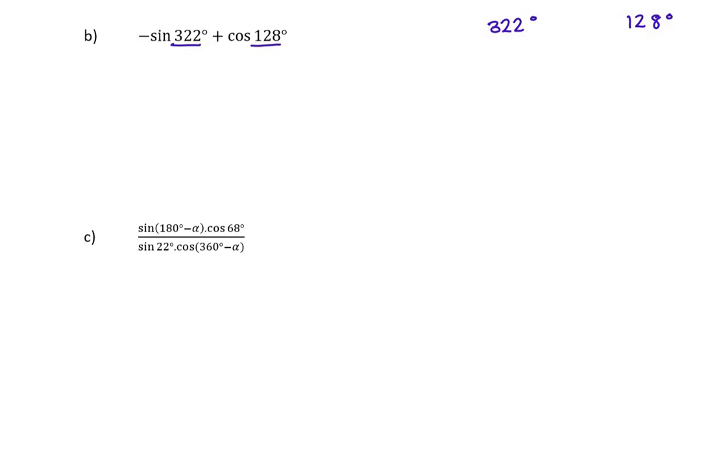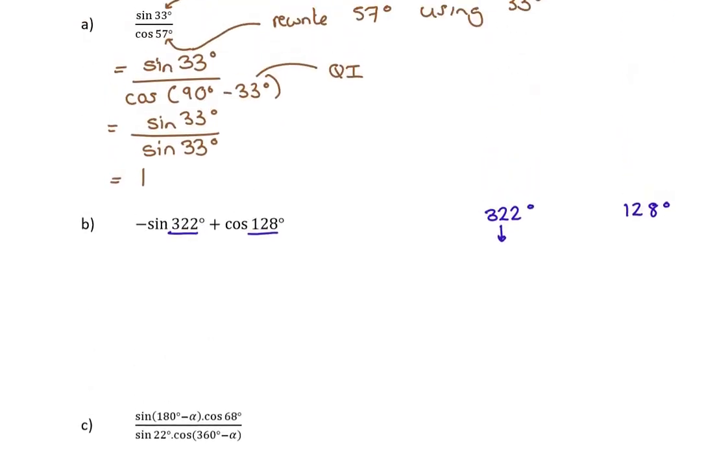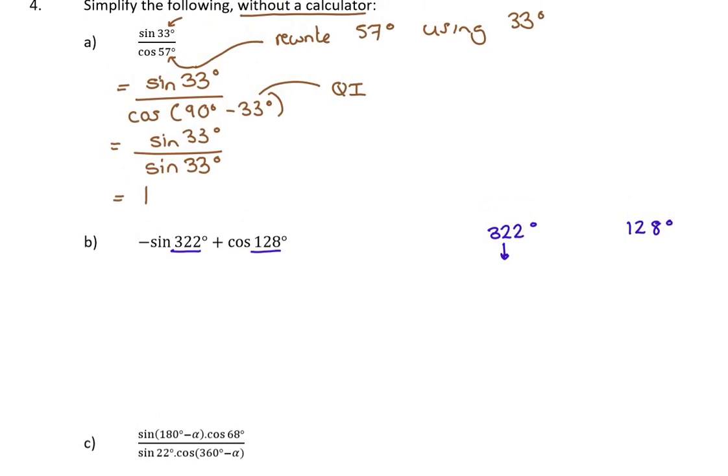So can I rewrite 322? Now why am I trying to rewrite both of them here, whereas in the previous question I chose not to rewrite the 33? The reason being, 33 was acute, and so we like acute angles. Neither of these angles are acute. So what axis is 322 closest to? 322 is closest to 360. So this will be 360 minus 38 degrees.